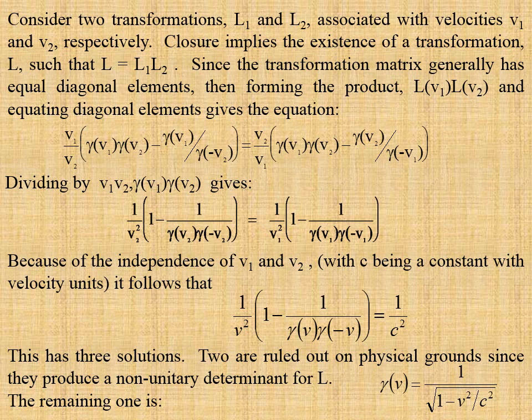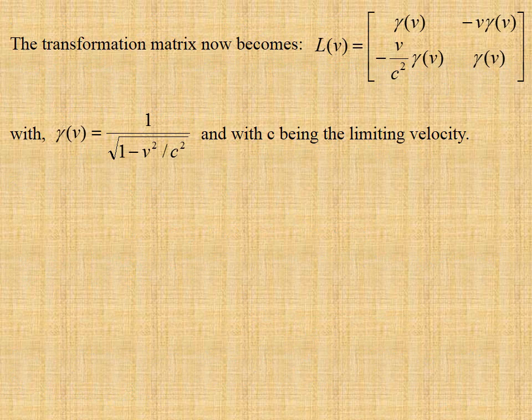Now, since determinant of L is equal to the ratio of gamma of v to gamma of minus v, this can only happen for the even solution, gamma of minus v equal gamma of v, thereby ruling out the other two solutions. The transformation matrix can now be written in its final form, shown here, with gamma taking its usual form.